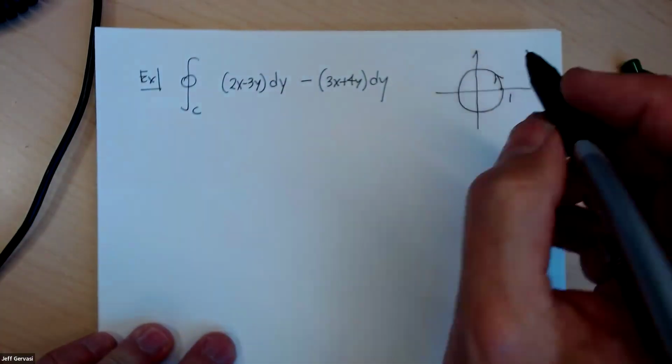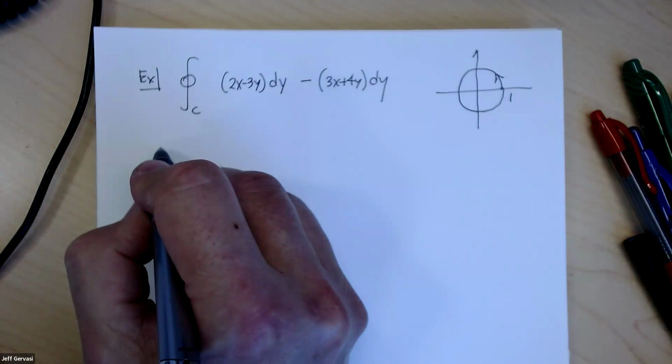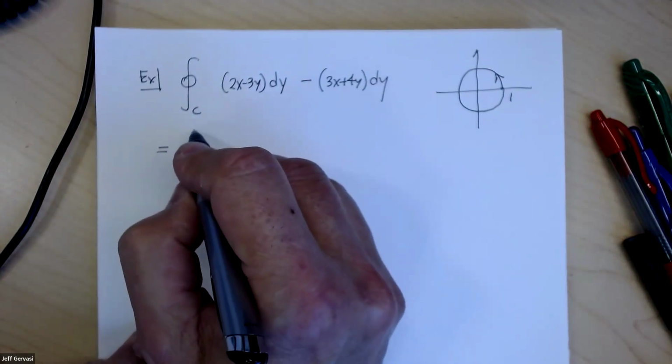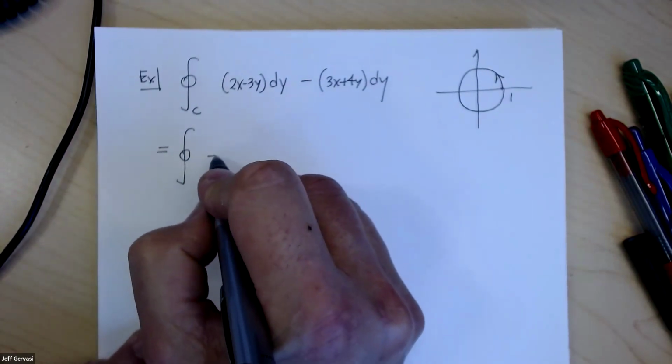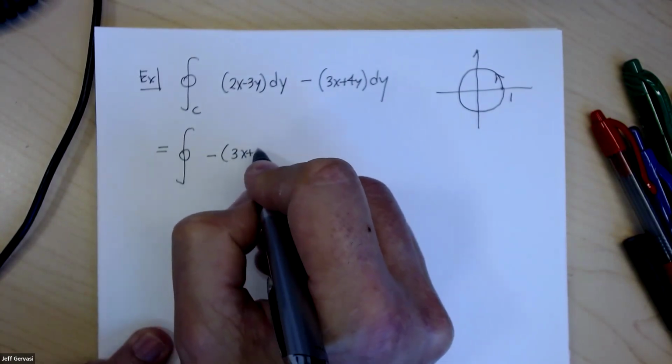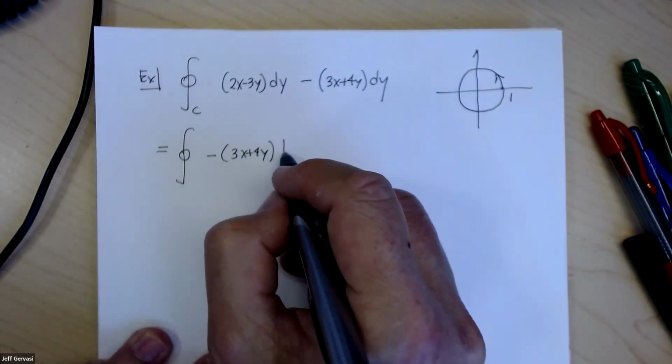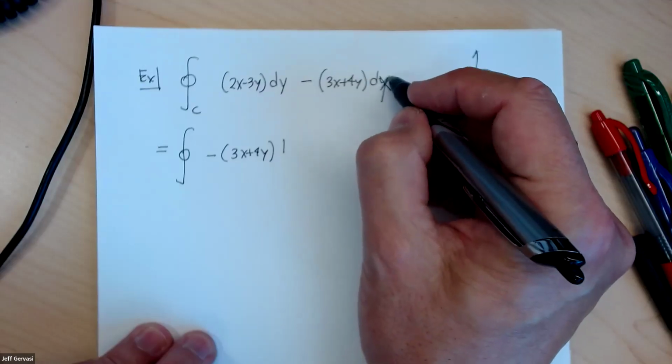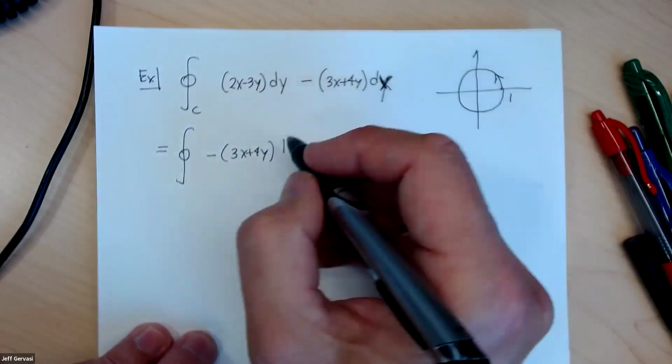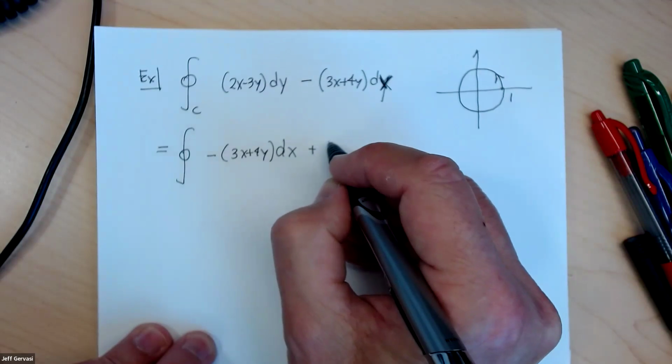Okay? Again, notice it's actually written a little out of order. I'm going to rewrite it like this. I'm sorry, this should be a dx. Oh, I did that again, didn't I?